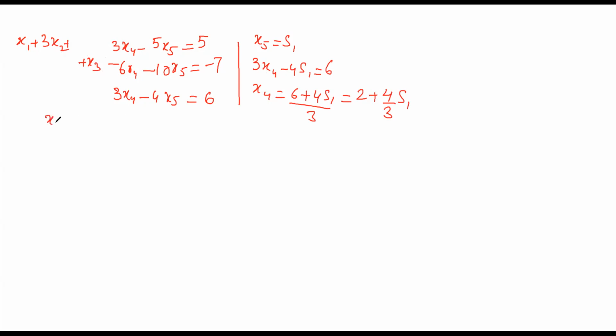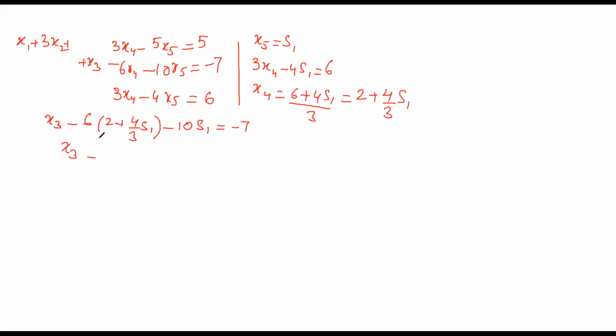So x3 minus 6 x4 is 6 times 2 plus 4 by 3 s1, and minus 10 x5 was s1, is equal to minus 7. So from here we can find the value of x3. How can we find?